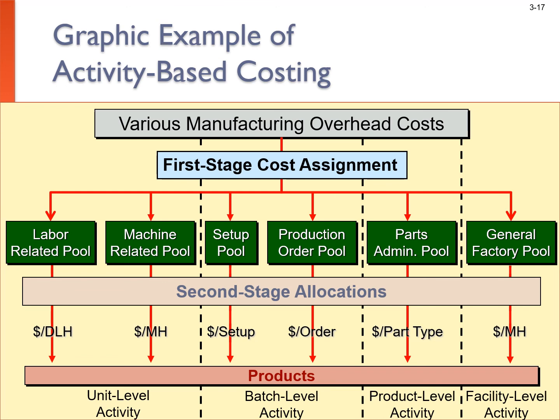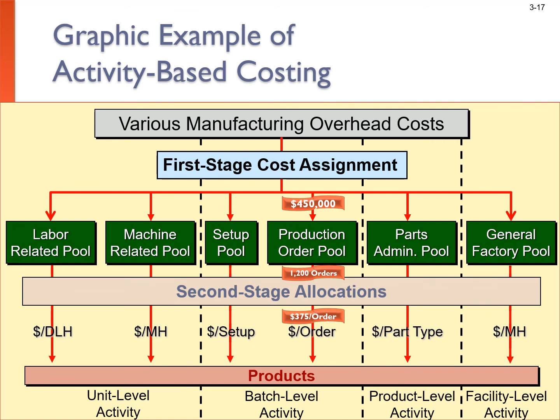The overhead associated with the parts administration pool is a product level pool, and the number of part types could be the way to allocate those costs. And then the general factory overhead pool could be machine hours or direct labor hours, and these are facility level activities. So each of these contributes to a product's final overhead amount, but they're being measured differently because of the category they fall into. It's not just one large overhead rate.